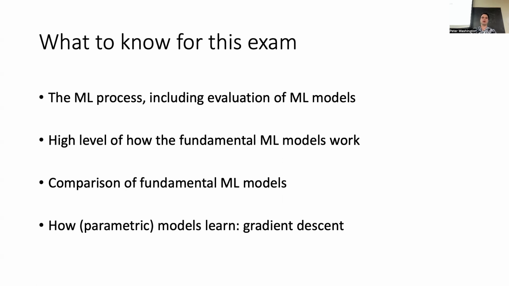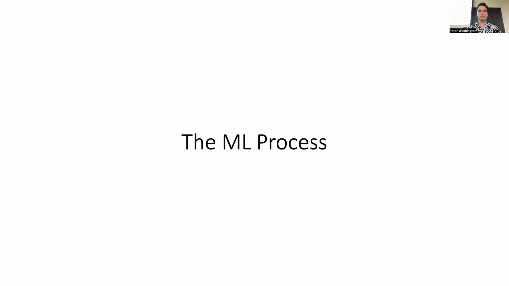These aren't necessarily things you can memorize. You have to understand the model to think about why you would use one or the other. But if you understand how the model works, it's relatively clear. And know how models learn, which is gradient descent. That's specifically how parametric models learn, so linear and logistic regression specifically.